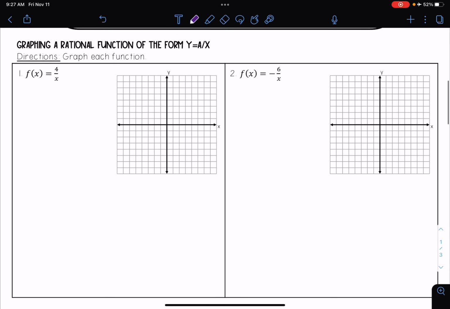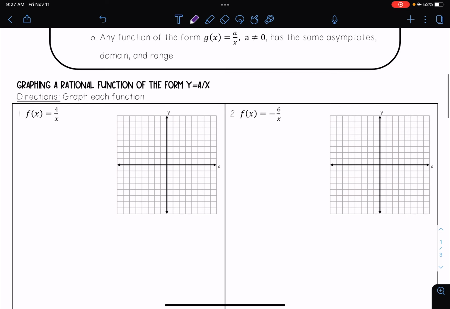So let's go ahead and practice graphing rational functions of the form y is equal to a over x. This first one, we have g of x is equal to 4 over x. The first step is to see what our asymptotes are.